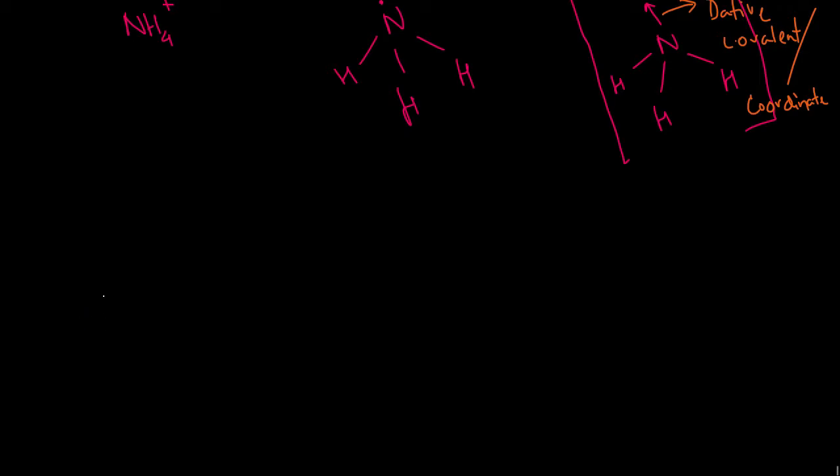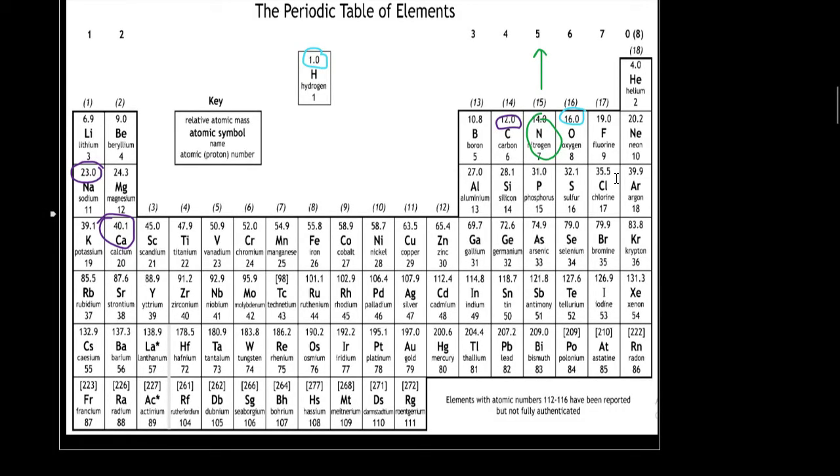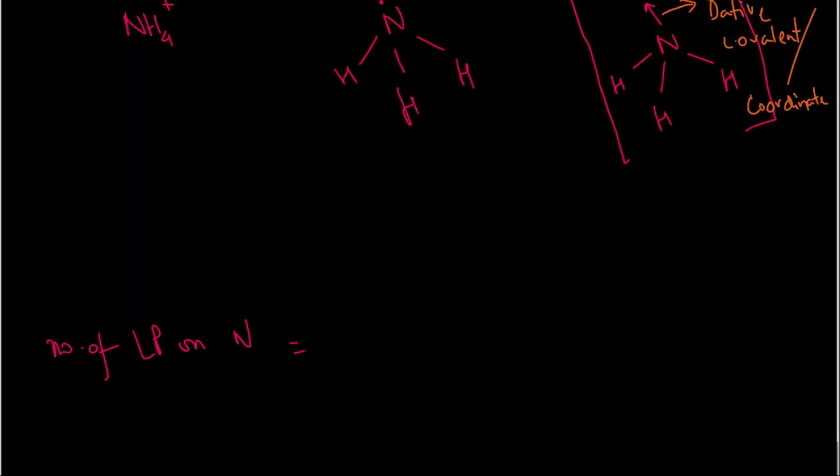So in ammonium ion, nitrogen is the central atom. So I'm going to figure out the number of lone pairs on nitrogen. The number of LP on N is going to be the group number of nitrogen. Nitrogen is in group 5.